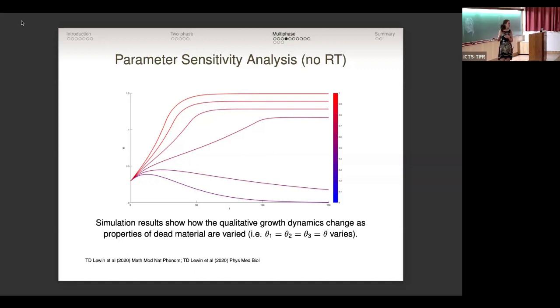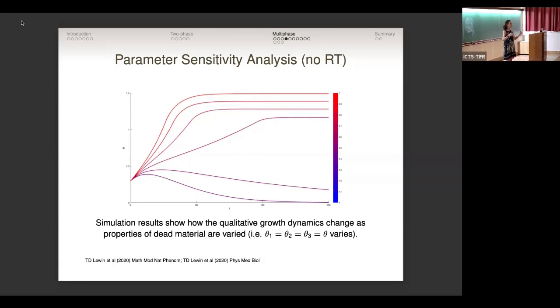So this is just the tumour growing, no treatment, nothing. You can see that the qualitative behaviour is quite different. When the dead material is more fluid-like, it is able to move more. There's no resistance to movement. As dead material is created, it will flow out from the tumour centre, and it will recycle. It will be taken up as material for cell growth.